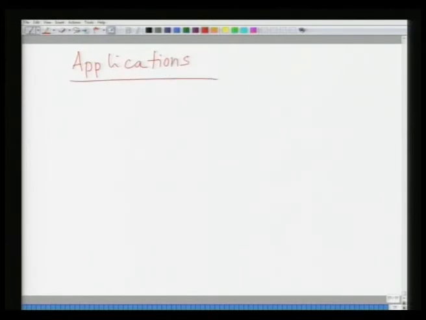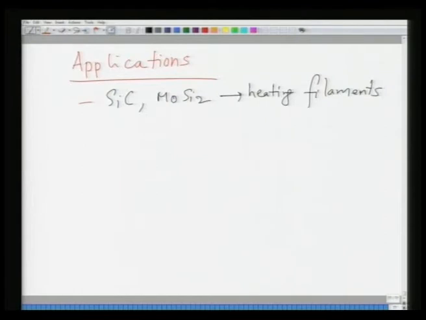For instance, some of the common applications are silicon carbide and molybdenum. These are used as heating filaments in furnaces. The resistivity of these materials is appropriate for resistive heating in the furnaces. They are also used as electrodes in some applications.